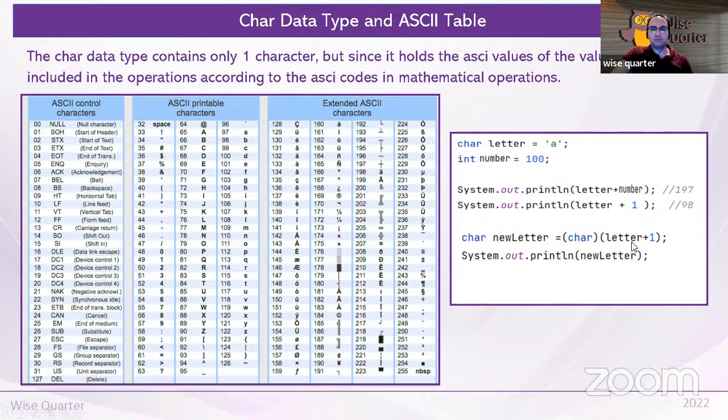This is the letter. If you add 1 to it, the value will increase. And they will act like a number. So you have to cast it to a char. So you can turn a number to character, or you can turn a character to a number like this. Okay.